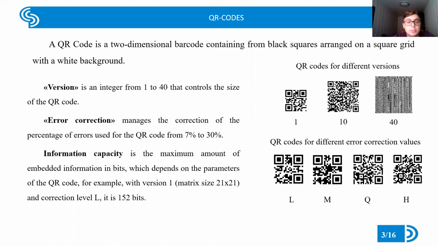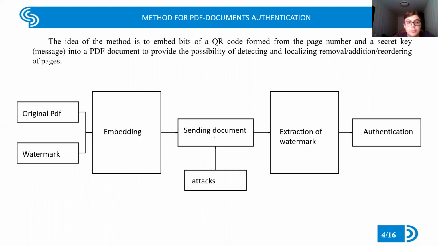Information capacity is the maximum amount of embedded information in bits, which depends on the parameters of the QR code. For example, with version 1, matrix size 21 by 21 and correction level L, it's 152 bits.